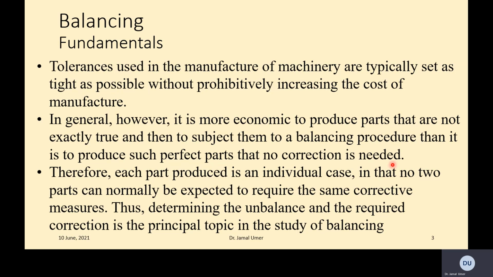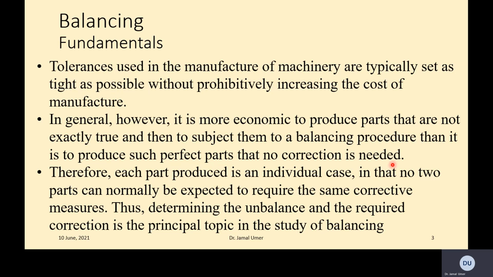But of course, if you want that, you are increasing the cost of manufacture. So it's a trade-off. You don't want to increase the cost of production, so you make the part with the least cost, and of course with the least cost it has tolerance.